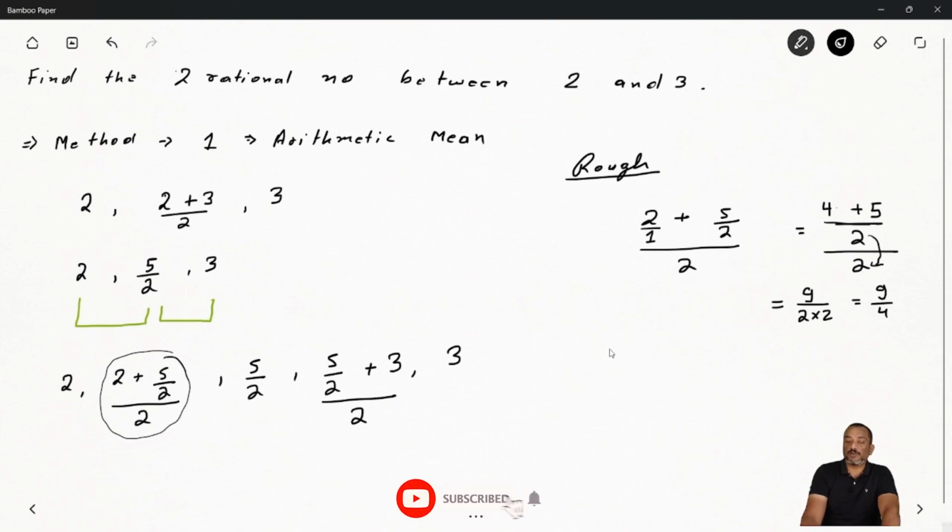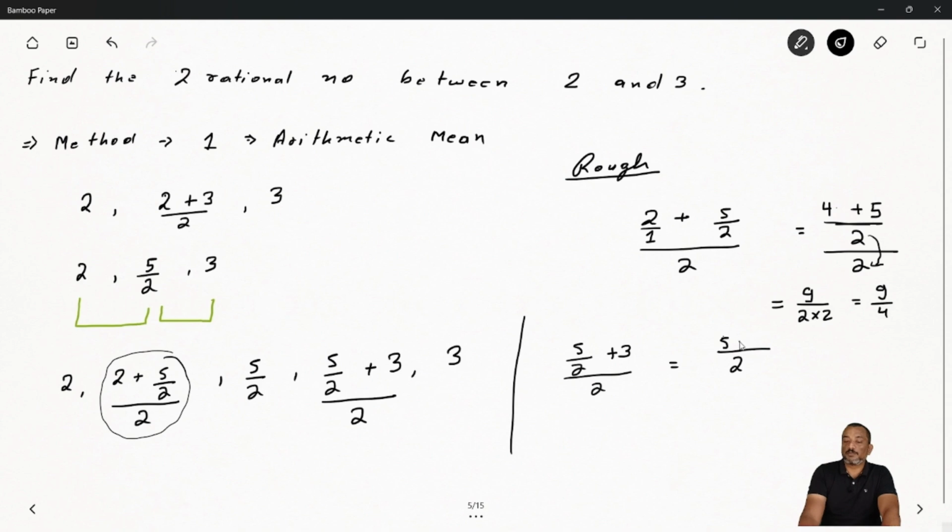Same way, the second one, you can take 5 over 2 plus 3 and their arithmetic mean. So you can write here 5 over 2 plus 6 over 2. So you will get 11 over 4, between these two.